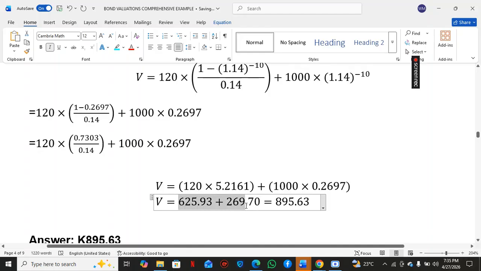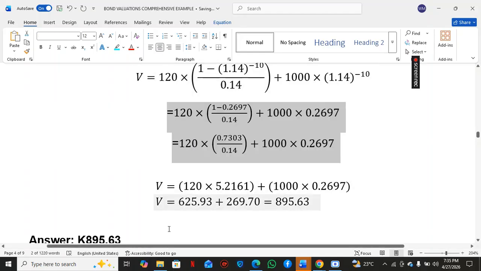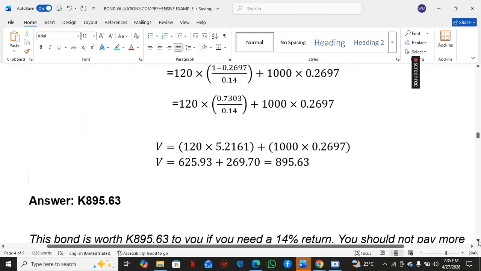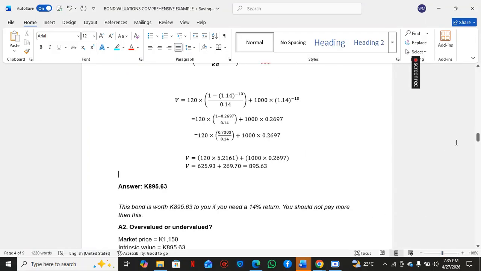You add these two, and you get 895.63. This is the intrinsic value of the bond. Any questions?